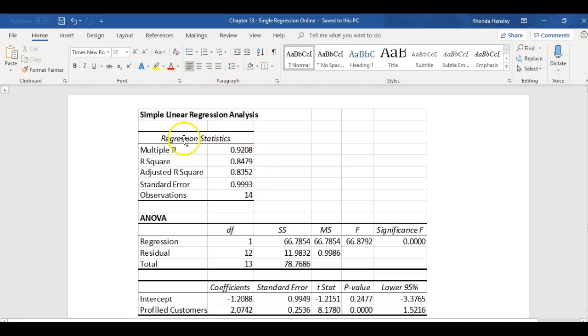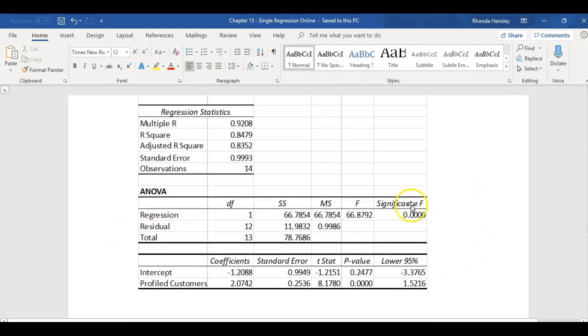At the top of the model is our regression statistics, and it's got, for instance, the number of observations, the R square, which we're going to talk about a little bit later, and then something called multiple R. This is the correlation coefficient between the two variables. It has an ANOVA table, just like our analysis of variance did, and it has the p-value out here on the end, on the other half of the F statistic.